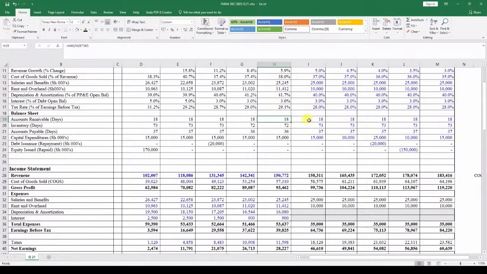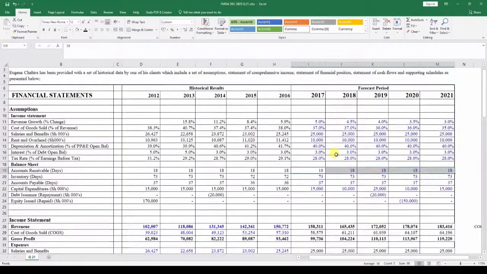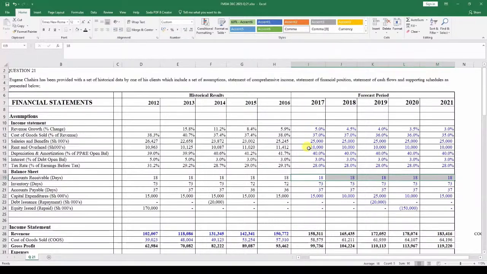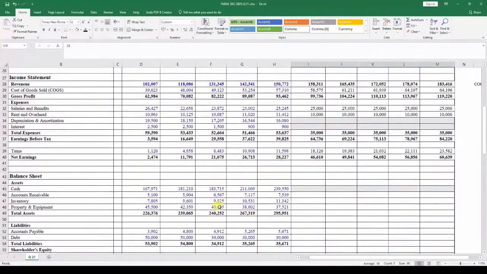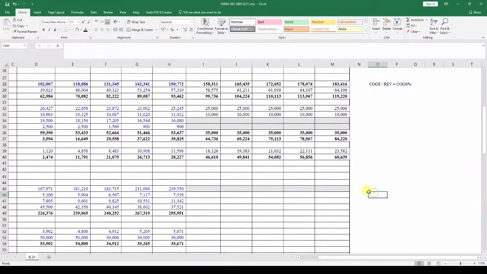Now that we've assumed that the days are going to be 18 for the forecast period, and you can see this is the forecast period here, 2017, how do we model the accounts receivable here?